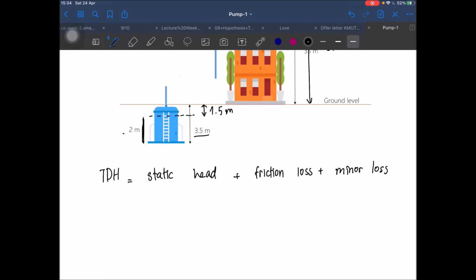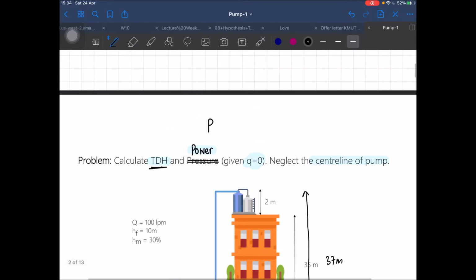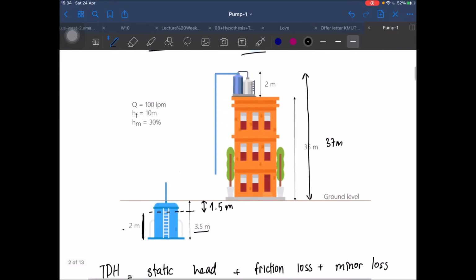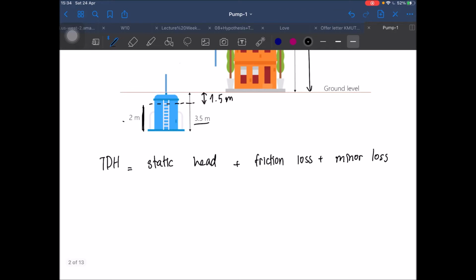So just ignore the Q, because they say that Q equals 0. So now we have the static head, which is the capital H stat, and we have the friction loss, the small hf, and the hm.